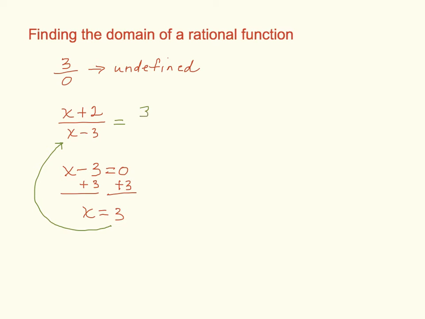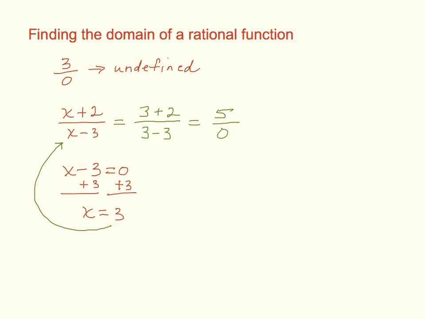The numerator will be 3 plus 2, because if x is 3, then you plug in a 3 for x. But if you put a 3 in the denominator, it now becomes 0, which means that this particular rational expression is not defined when x equals 3.